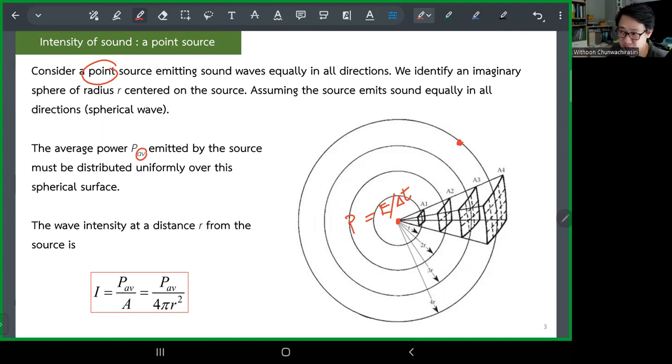In comparison to the people that stay very close to the source, you get a bigger share because the surface of the sphere is not that big. But once you move further away, whoa, you have to spread that power among a larger surface area. So given the position, and the same area that you're receiving the sound, you receive a smaller share.